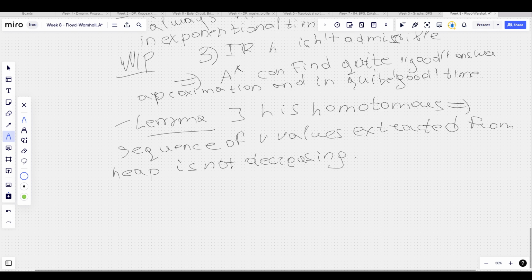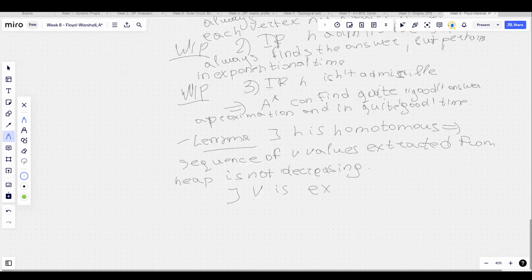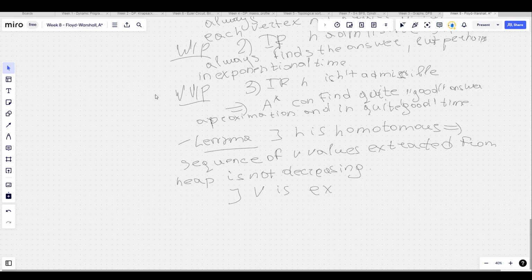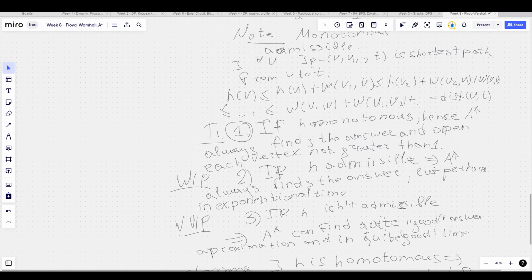So let v be extracted. Once again, we are going to prove this lemma, and you will prove the theorem.